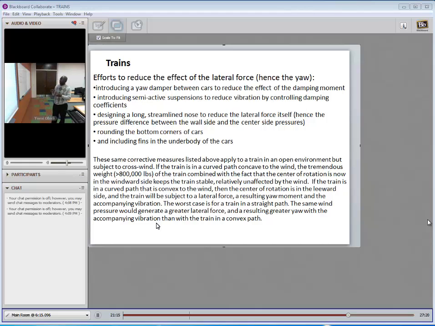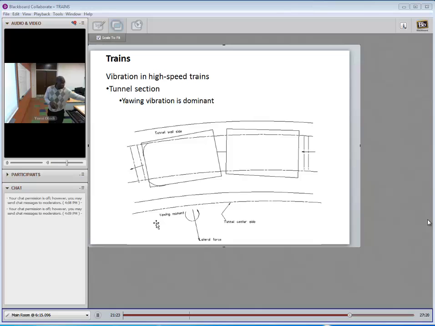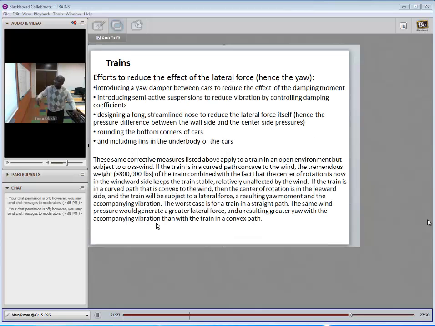But if the train is in a curved path, as you were shown earlier, as shown there, that's the train going along that curved path.